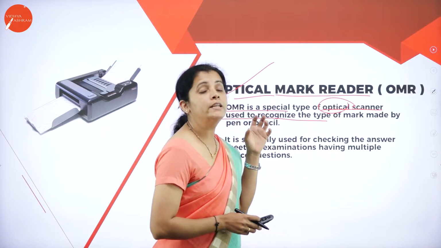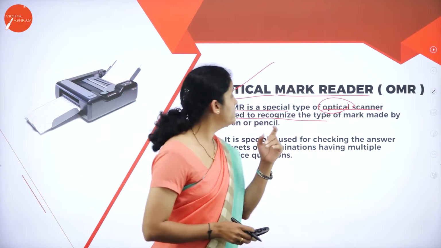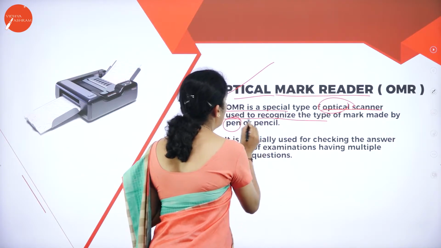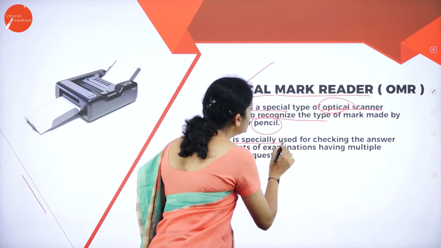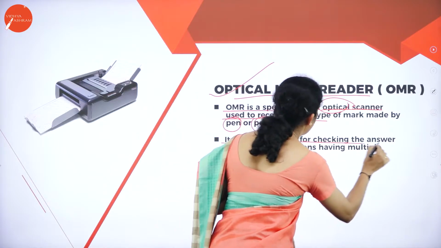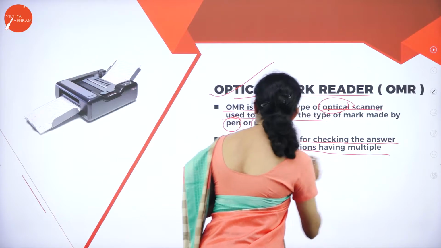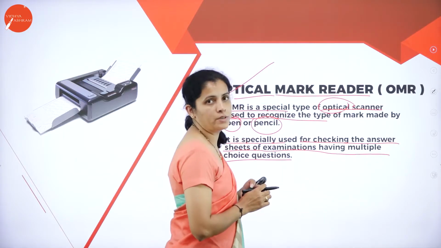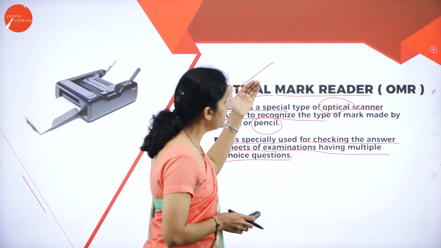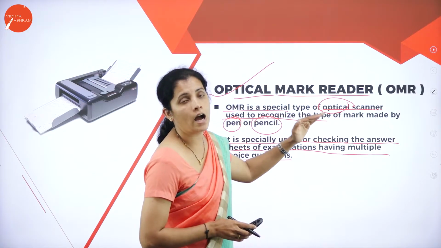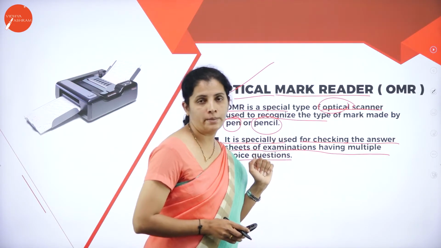That means it is possible to read only the marks which are made by using pen and pencil. And it is specially used for checking the answer sheets of examinations having multiple choice question papers.